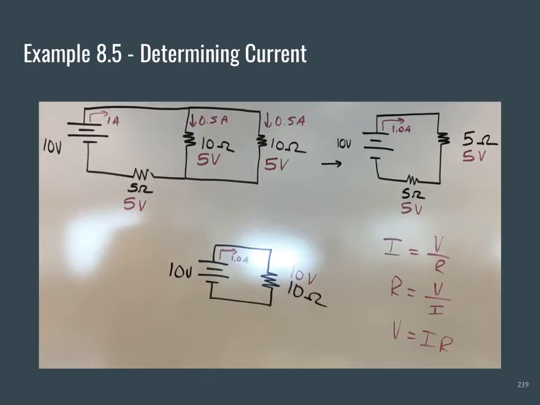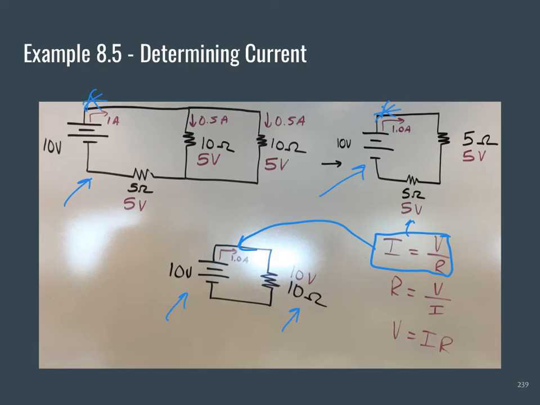So here again is a picture of what I did. I drew the original circuit, okay? That original circuit had my 5 ohm, my 10 ohm, and my other 10 ohm. And I simplified that. I got rid of the parallel branch to make a 5 ohm resistor and the other 5 ohm resistor in series. And then I made my simplest circuit, so I got my 10 ohm resistor. From there, I used current equals V over R, and I got the current coming out. As soon as I had that current coming out, I knew it's the same here and the same here.